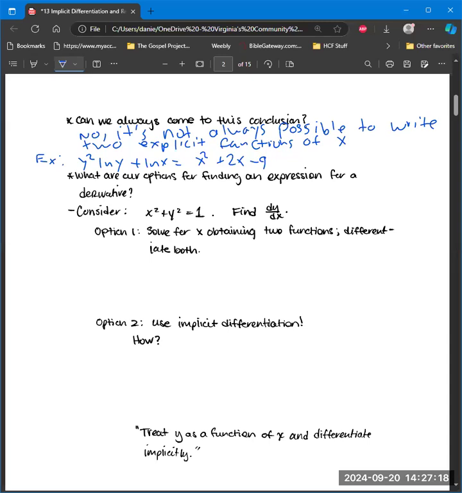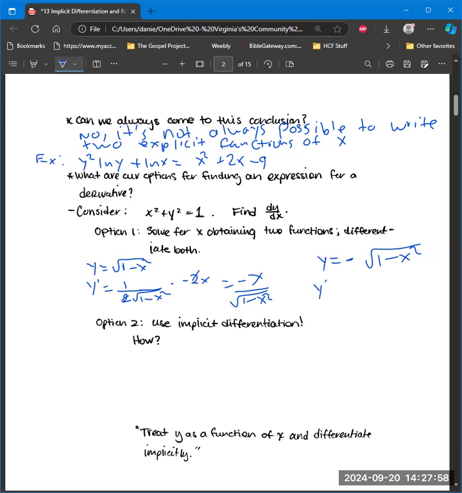So in this case, we have y equals the square root of, let's call this 1 on the right-hand side, so this is going to be 1 minus x squared. And the second function is going to be y equals negative square root of 1 minus x squared. So when we differentiate, we get y prime equals 1 over 2 root 1 minus x squared times the derivative of the inside, which is negative 2x. So that becomes negative x over root 1 minus x squared.